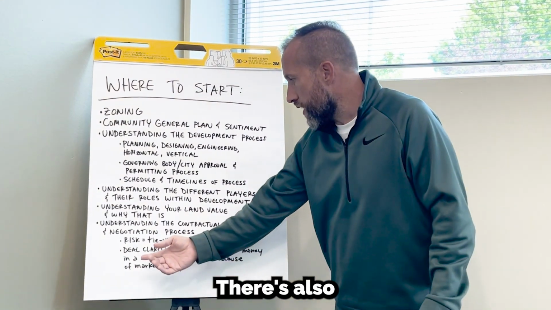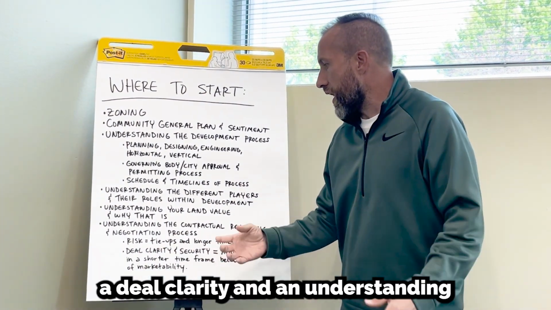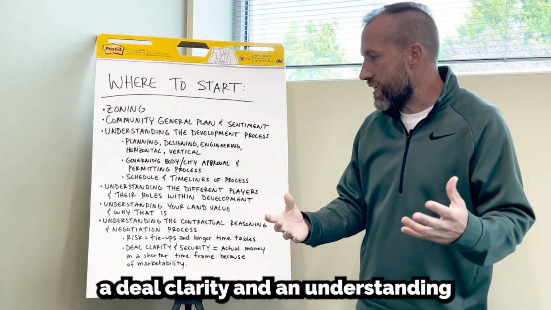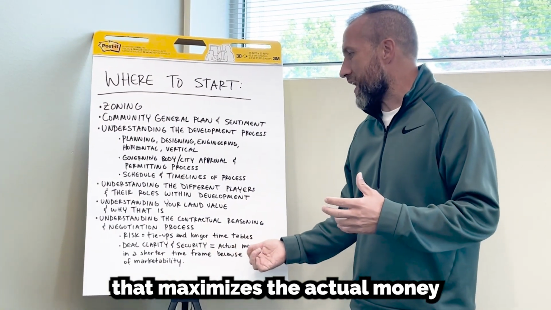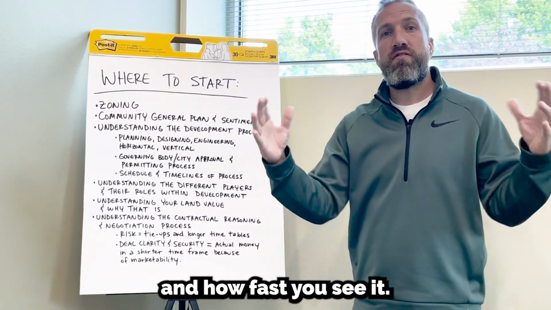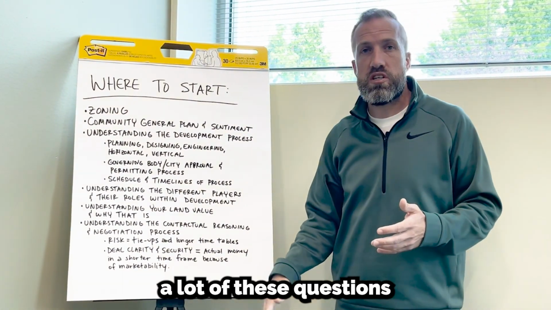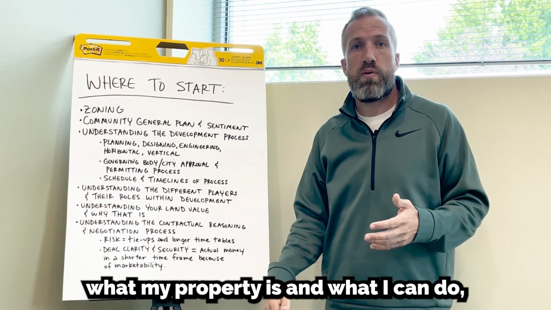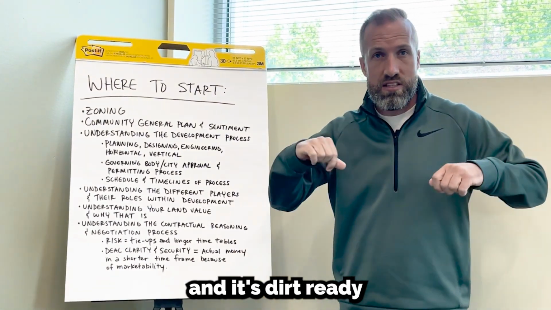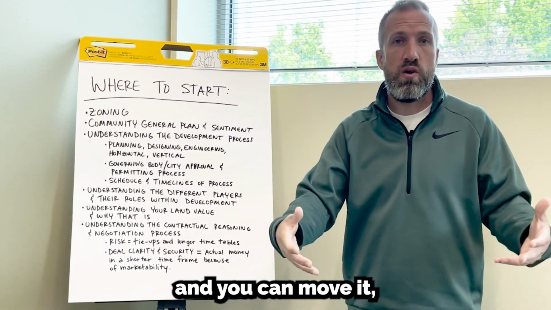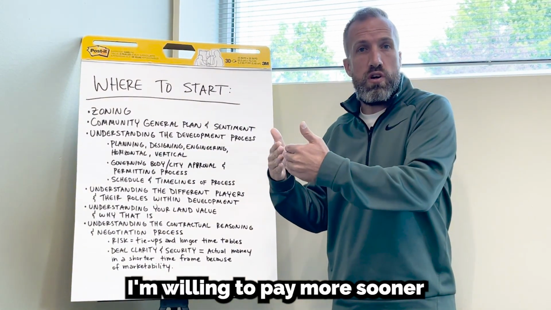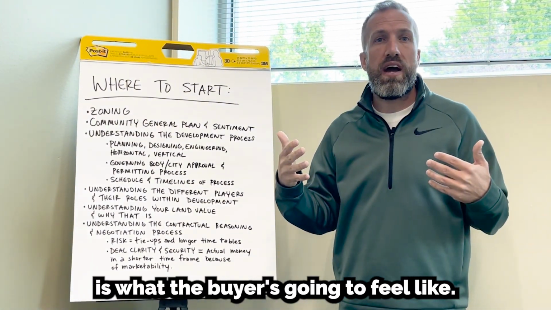There's also deal clarity and understanding that maximizes the actual money and how fast you see it. So if I've answered a lot of these questions and it's really clear what my property is and what I can do, and it's dirt ready and you can move it, I'm willing to pay more sooner, is what the buyer's going to feel like.